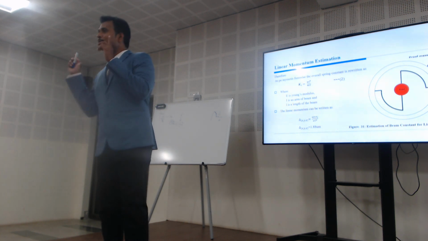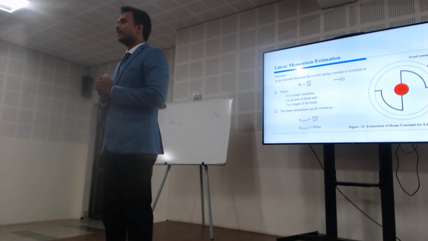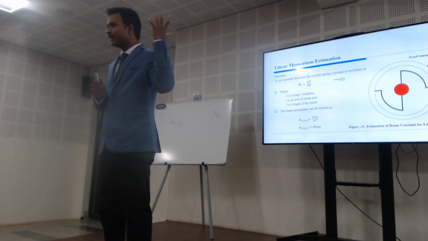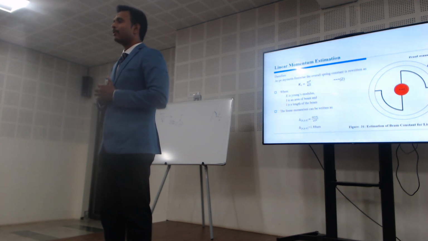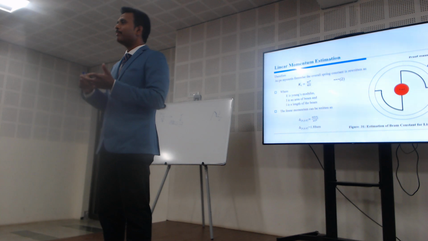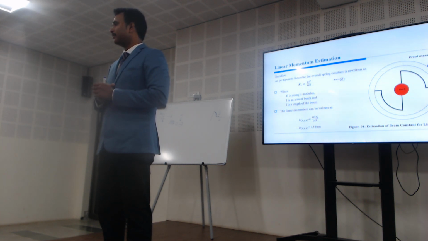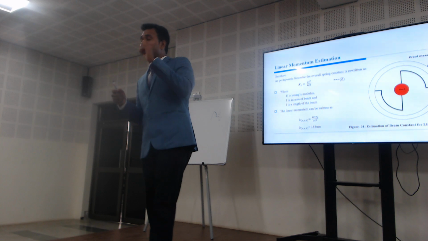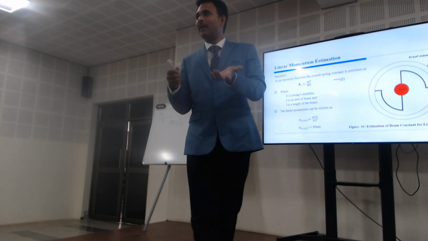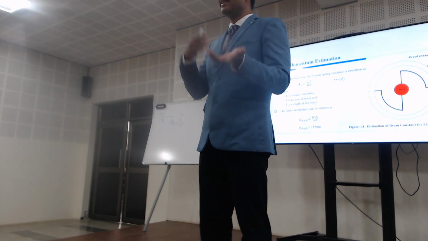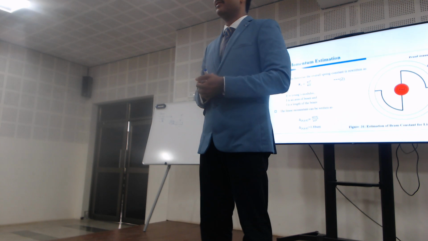Then how can I know that my value is correct? By simulating. I am simulating the same size with the help of COMSOL Multiphysics, and I will compare whether the same distance comes up. That will give the proofread of our work, so we know whether we are going in the correct direction or not.